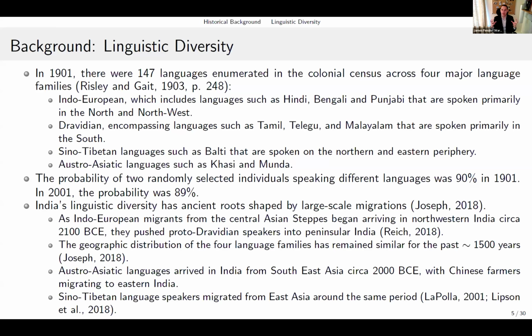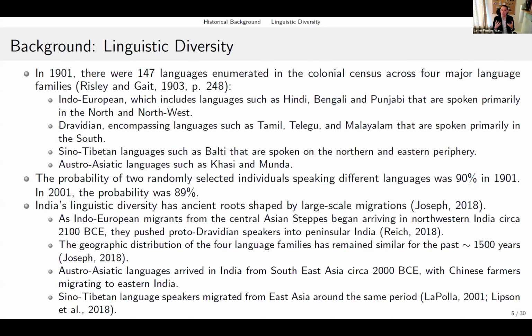And then there's two other families that are much smaller in their representation. Sino-Tibetan languages often exist in the Himalayan regions up in the north and in the northeast. And Austroasiatic languages are kind of in pockets throughout the country, often in the middle. The genetic evidence suggests that these are actually languages that came in from Southeast Asia more than 1,000 years ago.